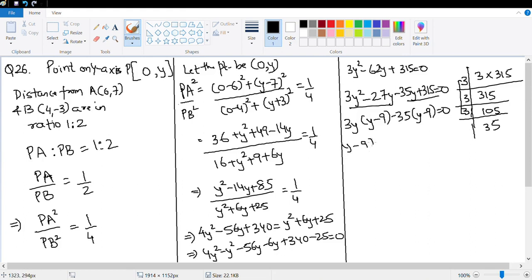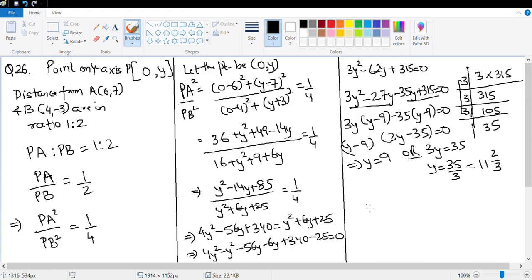Y minus 9 times 3y minus 35 is equal to 0, which means y is equal to 9, or 3y is equal to 35, which means y is equal to 35 by 3, which is basically 11 2 by 3. So I get two values, y is equal to 9 or y is equal to 11 2 by 3.